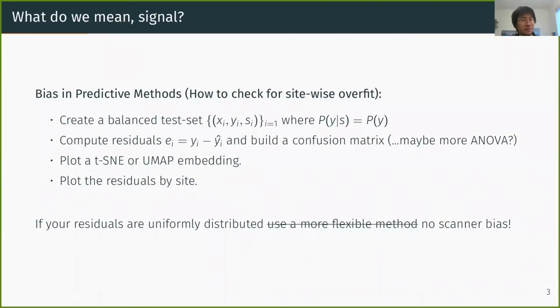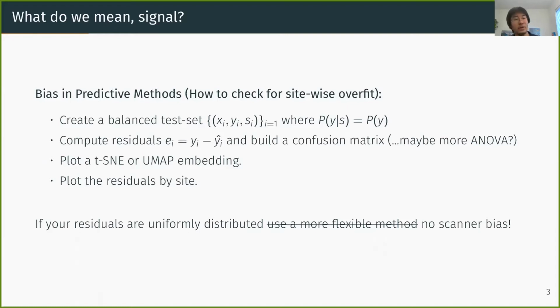So given our flexible function approximators, our deep networks, how do we check for overfit? How do we check that we need to harmonize something? Well, we can create a test set and do this empirically, where we create the residuals from what we're predicting and build a confusion matrix. So build a table. Maybe you could do a statistical test at this point.